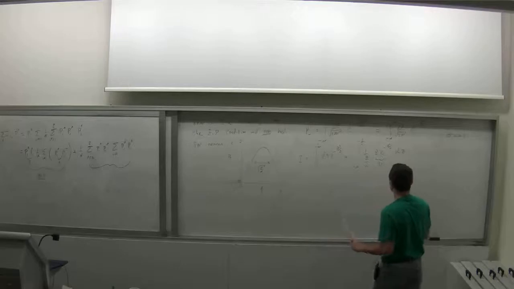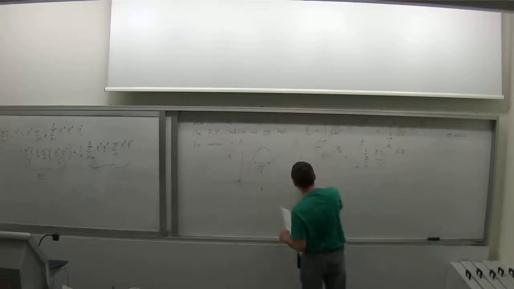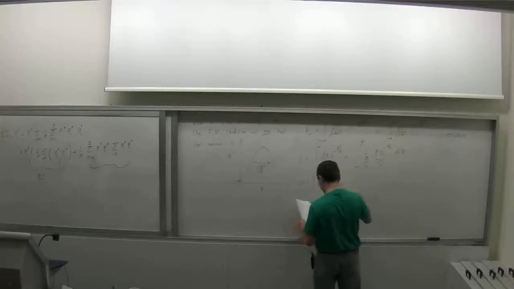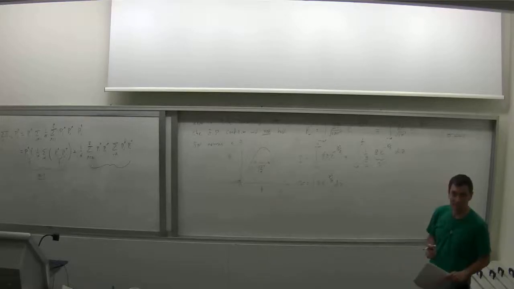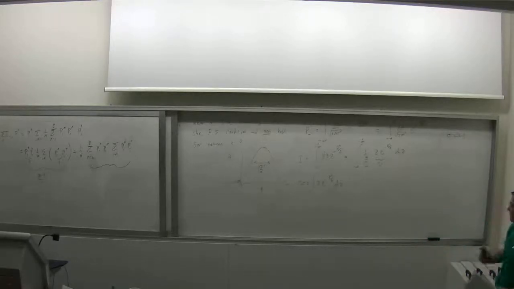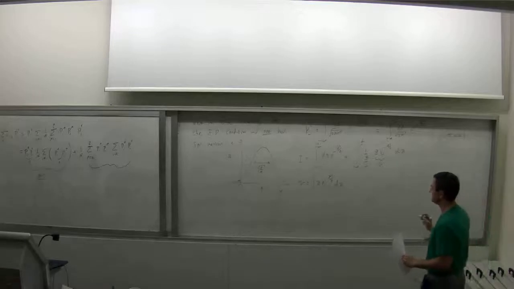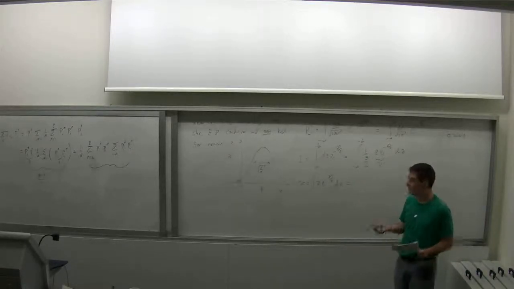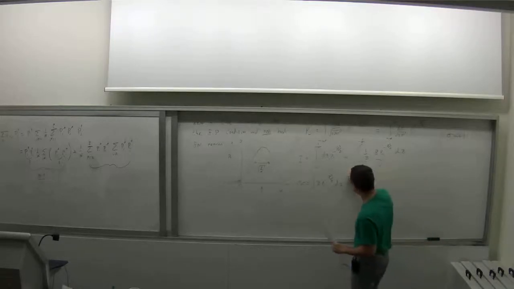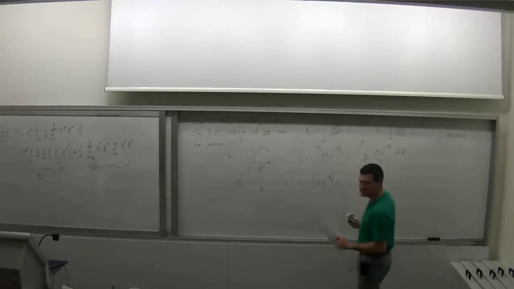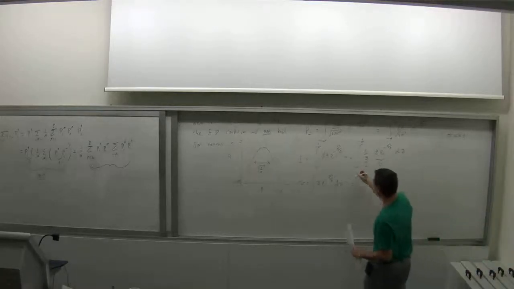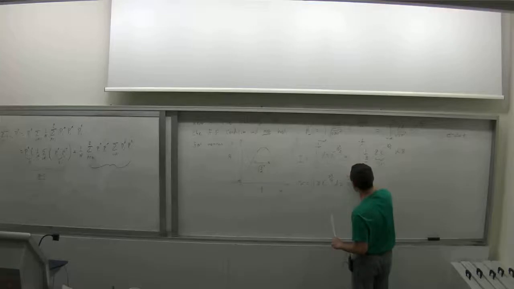So let's look at the value of v. v is an integral of z e to the minus z squared over 2 dz. How do we integrate this term? What change of variables? k is equal to z squared divided by 2.